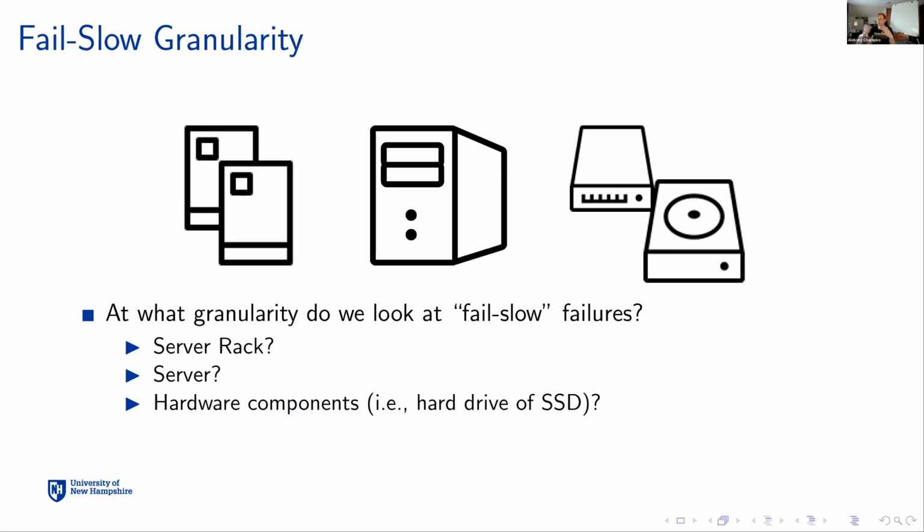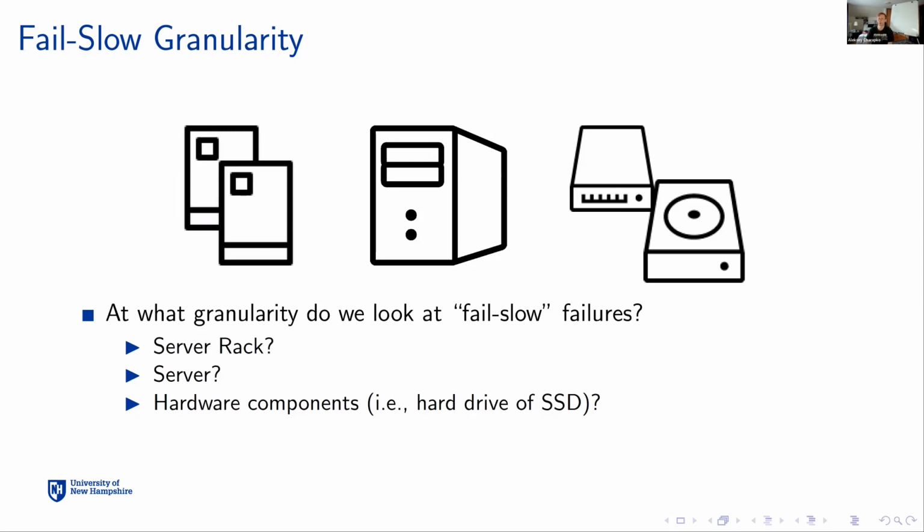That's because in one storage server, they'll have multiple SSDs or multiple hard drives, and everything may be working just fine except for one slow SSD, and this one slow SSD or hard drive will cause that particular server, that particular node, to maybe experience high tail latency, right?